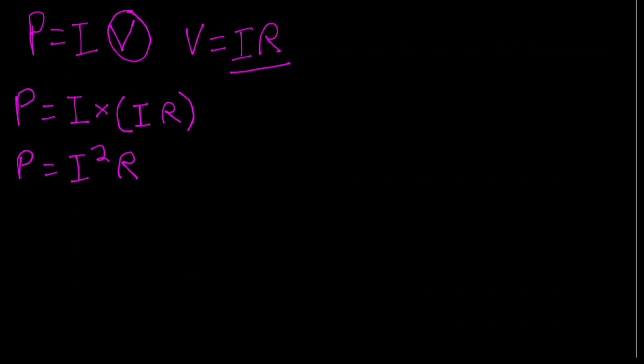So let's use that example. So what's the power value if we have a current of 0.5 amps? And remember, this is going to be squared, right? And we have a resistance value of, let's say, 100 ohms.